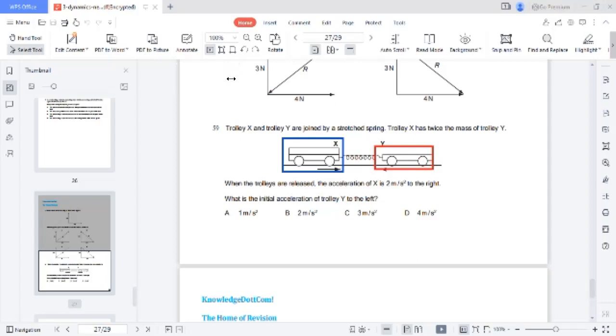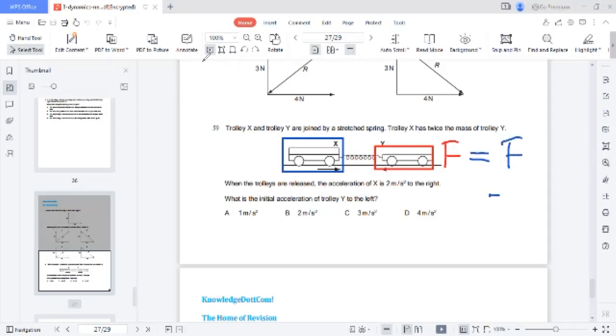a situation in which both have equal forces but opposite in direction. So you can say the force of the red one and the blue one are equal.